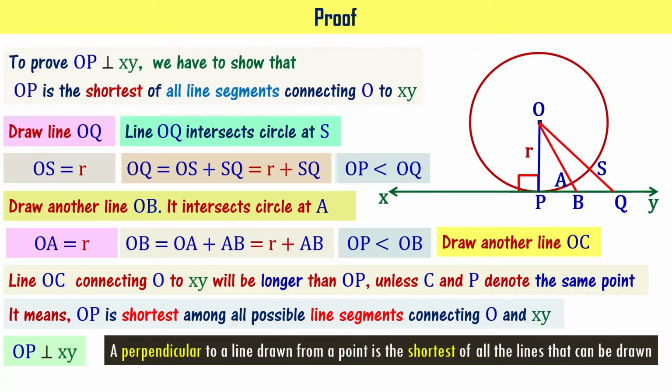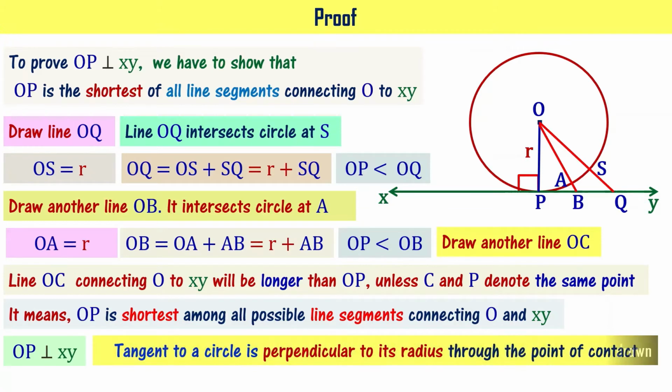So this is what the theorem says. A tangent to a circle is perpendicular to its radius through the point of contact. In other words, a radius is perpendicular to the tangent through the point of contact. Please note this.